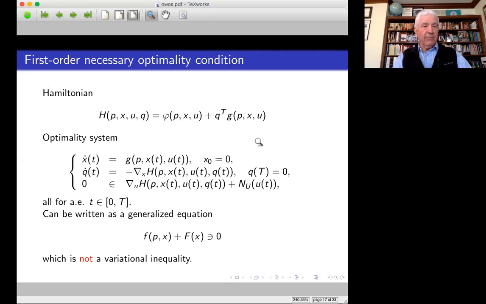And all this, if we put in the spaces we need, could of course be written as a generalized equation with a parameter p, which, however, in this case is not a variational inequality. For example, because we would have to use here the adjoint space of the space of x and u, and it is not clear why we should do that.